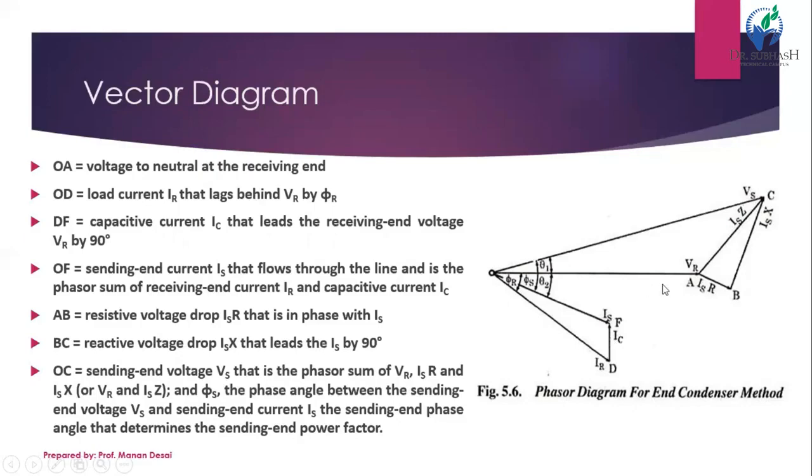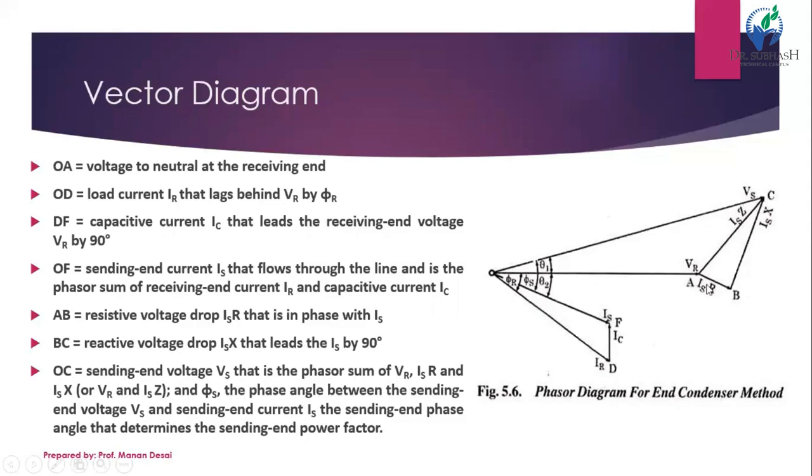Then OF is the sending end current IS that flows through the line. It is the phasor sum of receiving end current IR and IC. So IR plus IC, and the resultant vector is IS, shown by OF. Now AB. What is AB?